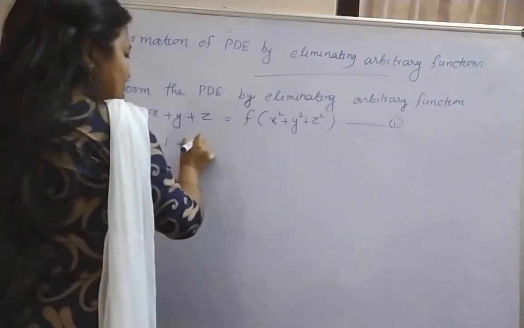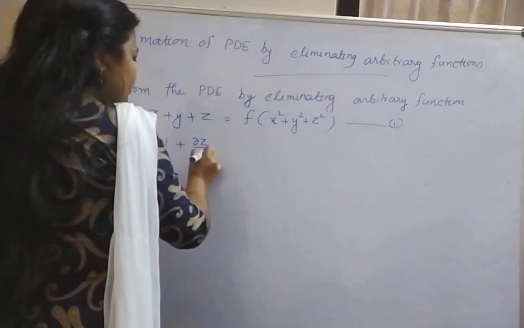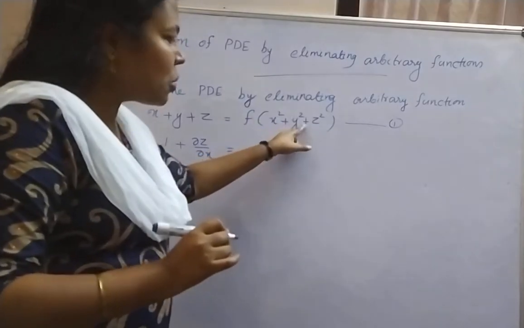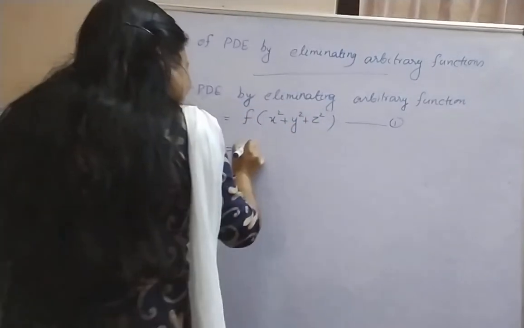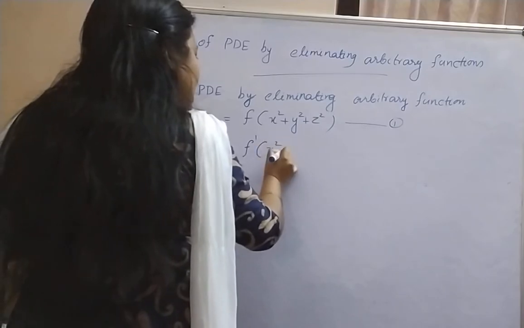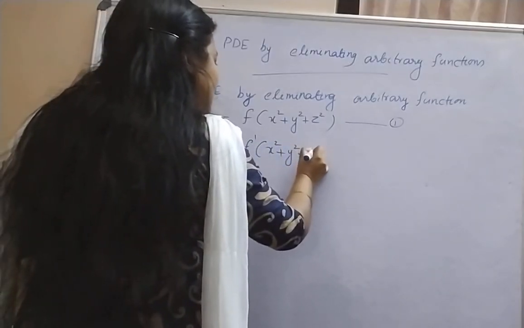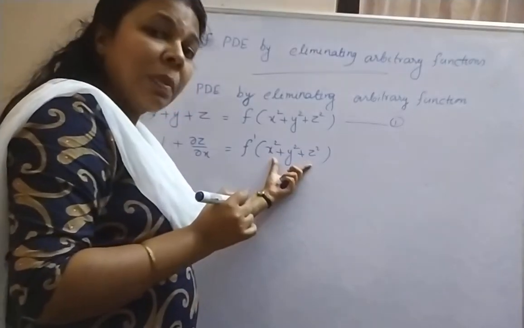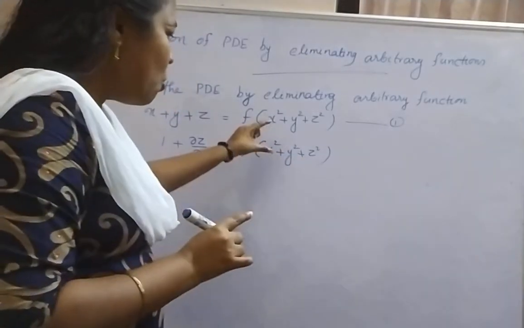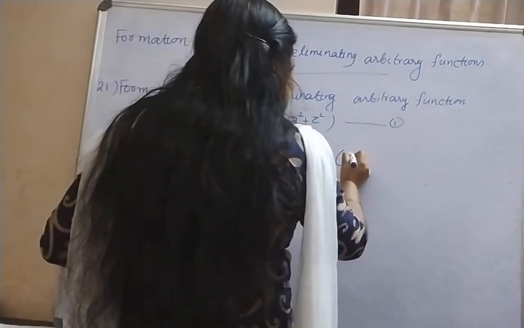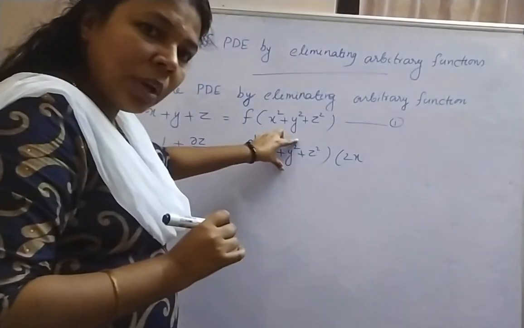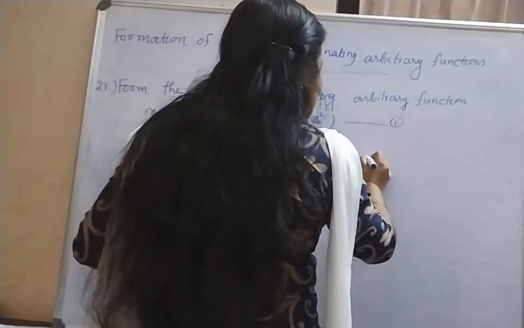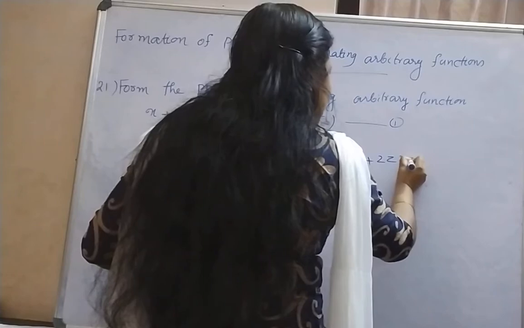Partial derivative of z with respect to x is dou z by dou x, equal to the partial derivative of f of x square plus y square plus z square, which is f dash of x square plus y square plus z square, into the partial derivative of x square plus y square plus z square with respect to x. That will be 2x. Derivative of y square with respect to x is 0. Derivative of z square with respect to x is 2z into dou z by dou x.